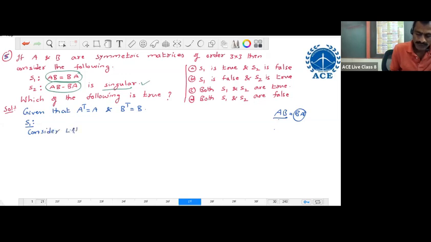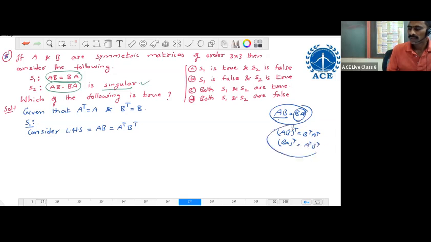Consider LHS equal to AB. But A is symmetric, so we can replace A with A transpose. B is also symmetric, so in place of B we can write B power T. According to the property of transpose, (AB) transpose equal to B transpose into A transpose, or (BA) transpose equal to A transpose into B transpose.